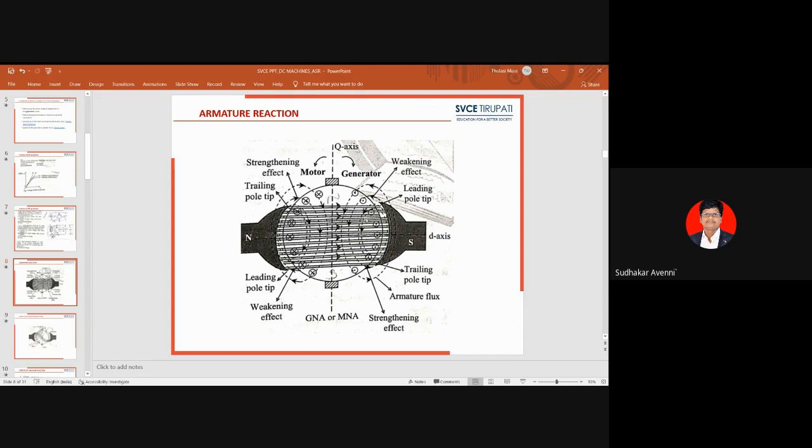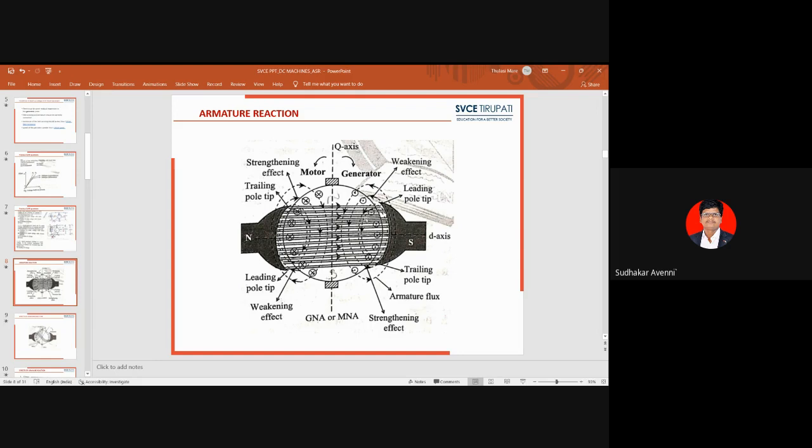Generally here, because of armature reaction, there is a cross magnetization effect and a demagnetization effect. These are the two important cases of armature reaction. When cross magnetization exists, the main field flux is distorted, and the generated voltage is also distorted. So we reduce this cross magnetization effect to improve the generated voltage.